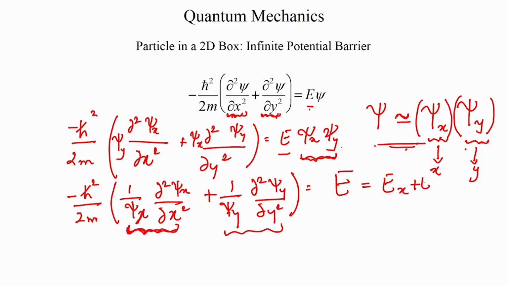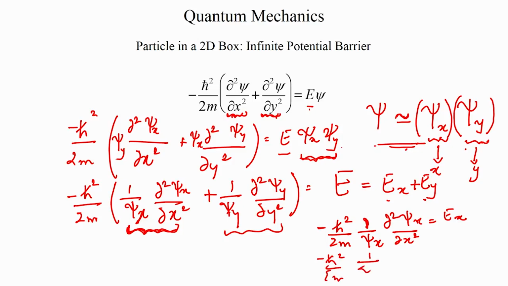One is the energy in the x and the other is the energy in the y. And I can split this in such a way that I can rewrite this one equation as two separate equations. I can write this as, the first term on the left hand side equal to Ex, and let us say minus h square by 2m 1 by psi y dou square psi y by dou y square is equal to Ey.